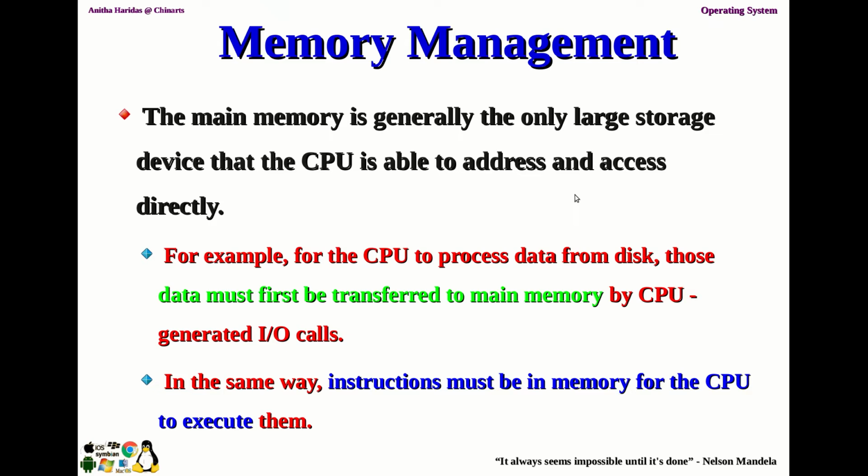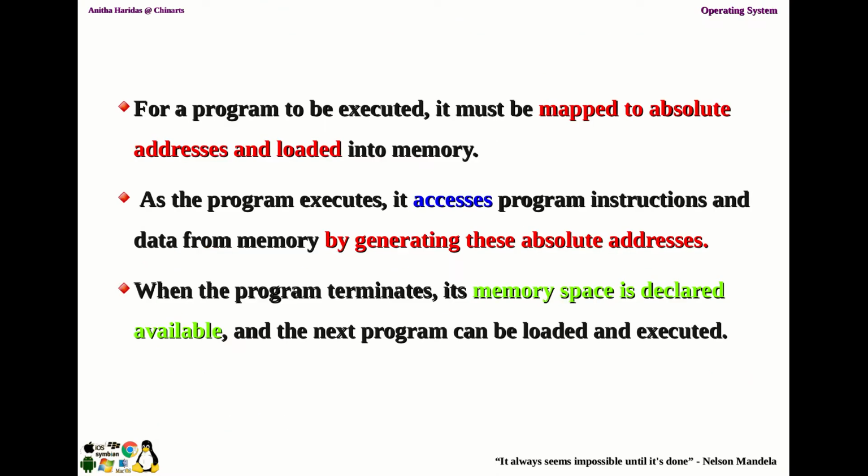When the computer system wants to execute a program, the first thing is the program needs to be loaded into the primary memory. Once it is loaded, the instructions will be executed. The CPU will be generating the absolute addresses, read the instruction from the primary memory, and start executing the program.